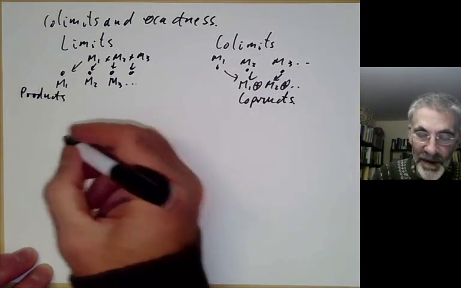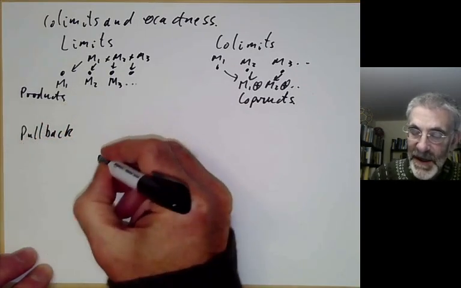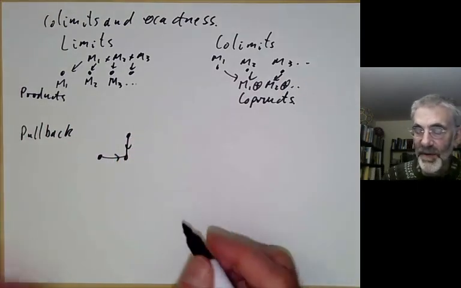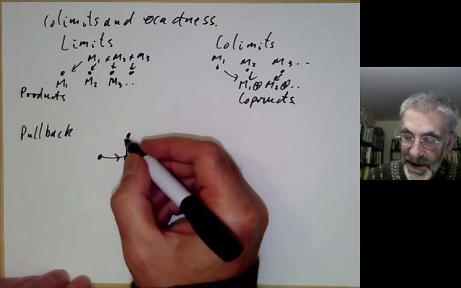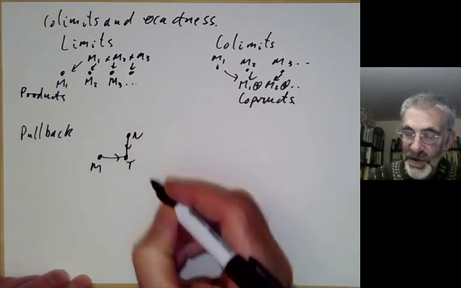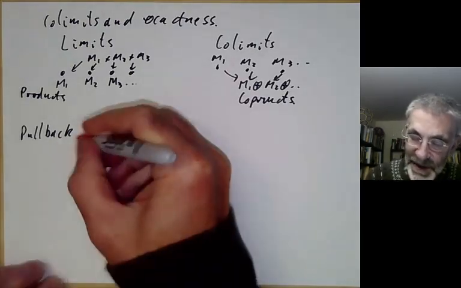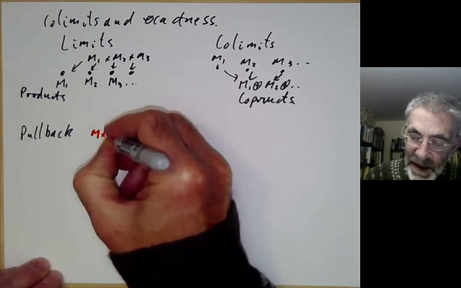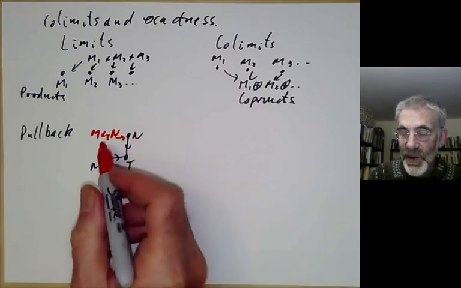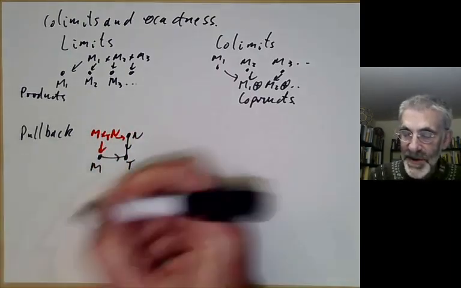So the next example of a limit is a pullback. So this time the category, instead of being discrete, has three objects and a couple of morphisms other than the identities. And if we've got modules m and n mapping to a module t, the pullback, let me write the pullback in red so you can see it, will be m times over t of n, which is just the submodule of m times n, consisting of elements whose images are the same in t.